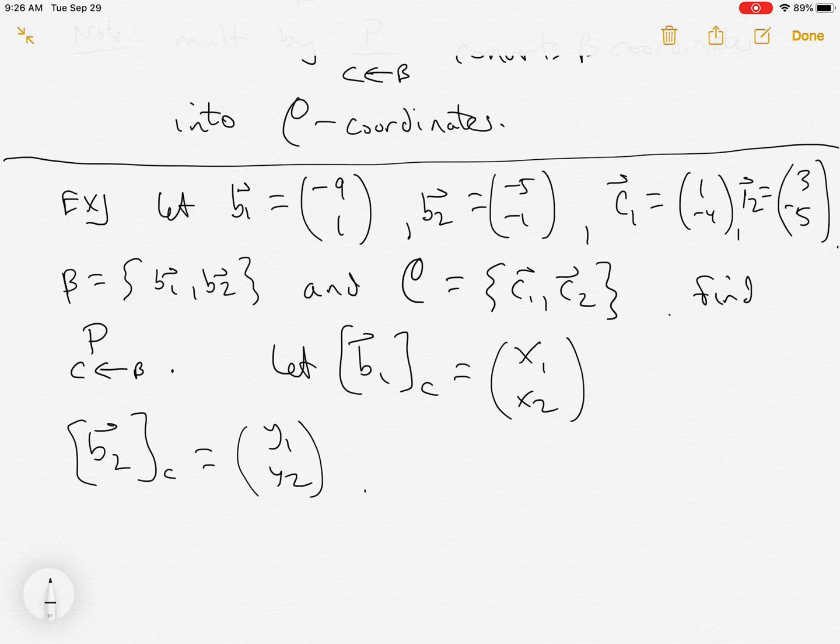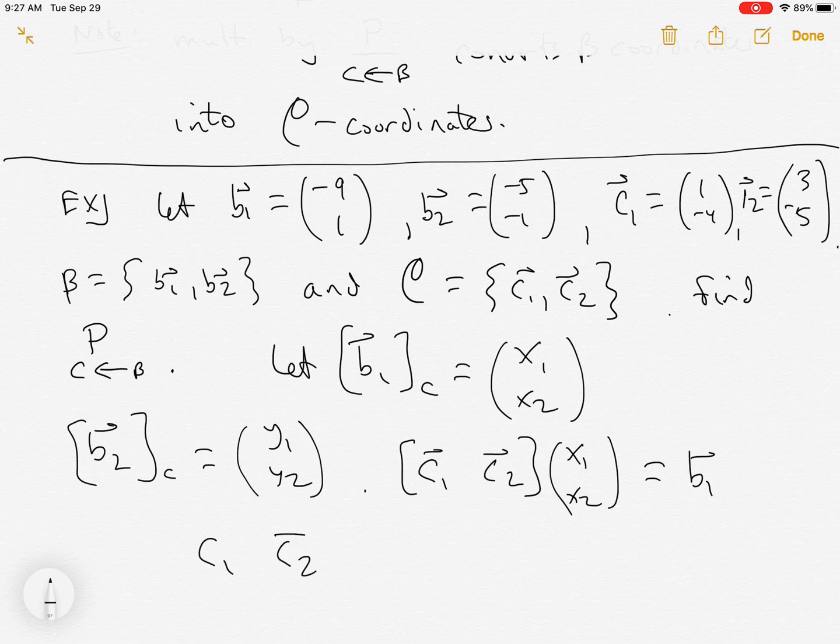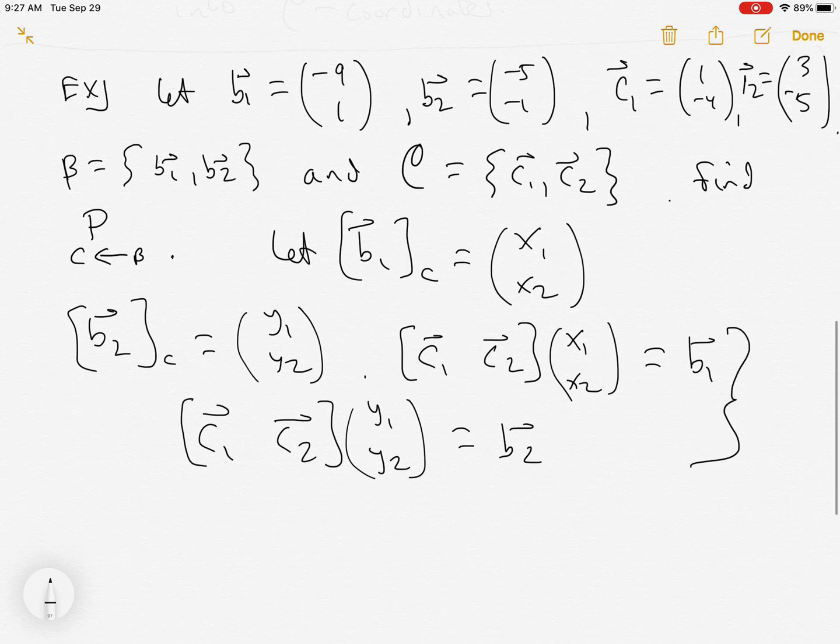Then if you take the columns C1 and C2 of this matrix and multiply it by x1, x2, you get B1. And similarly, if you take C1, C2 in matrix form and multiply by y1, y2, you get B2. And so we're solving these two systems simultaneously.